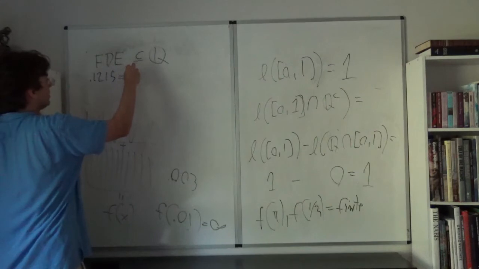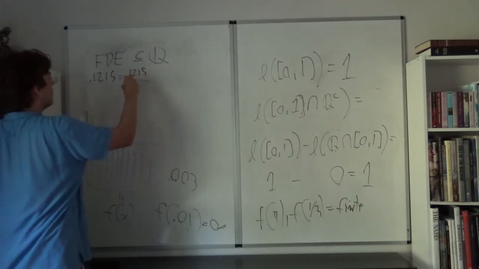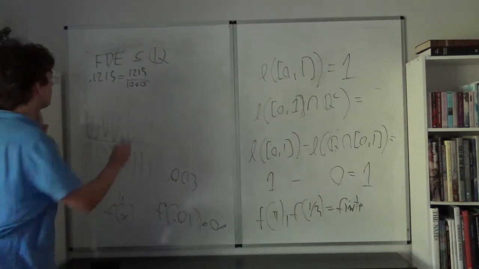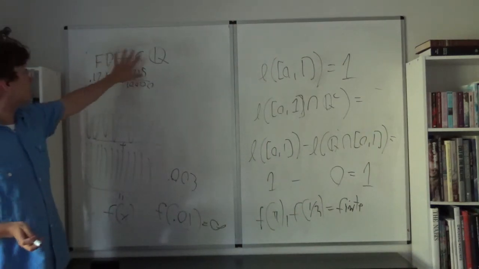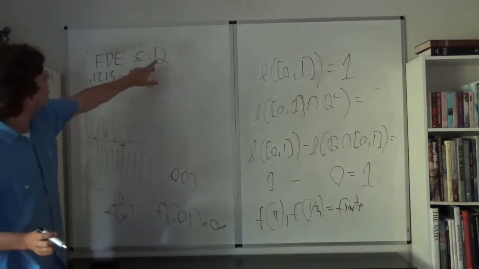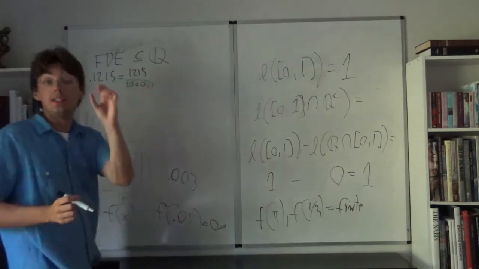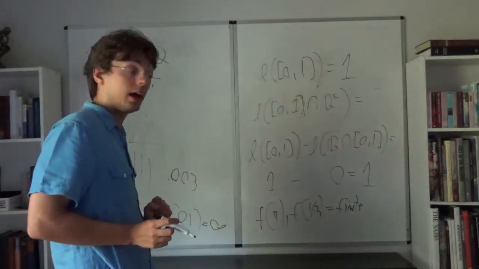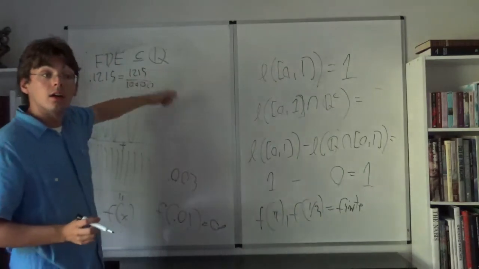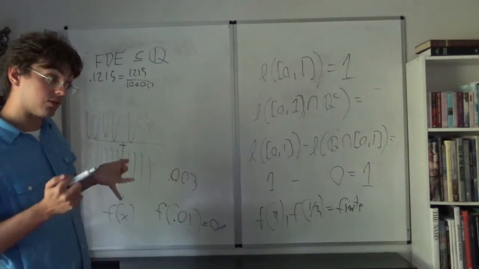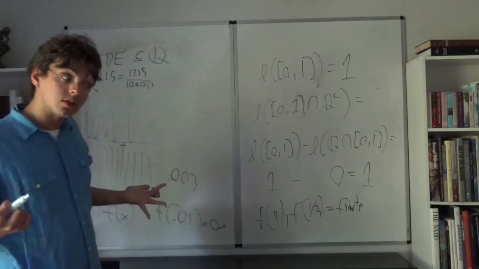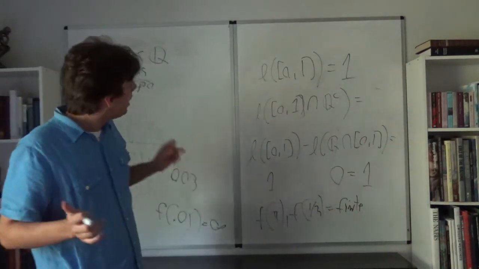This is equal to 12,150 over 10,000. So this is a rational number, so it belongs inside the rational numbers. I know that this right here makes up 0 area. It's such a small amount that as far as the area is concerned, as far as the measure is concerned, it's nothing.